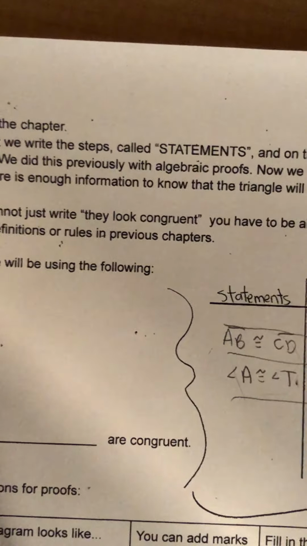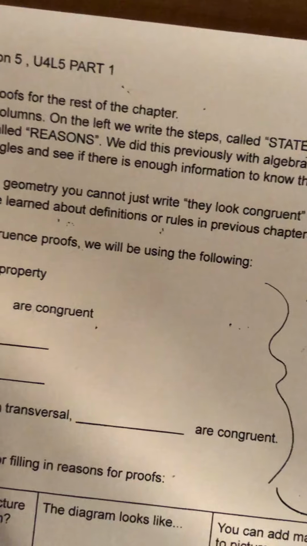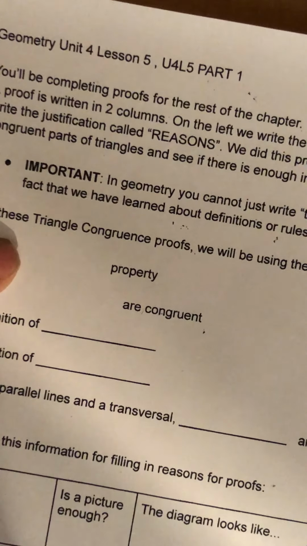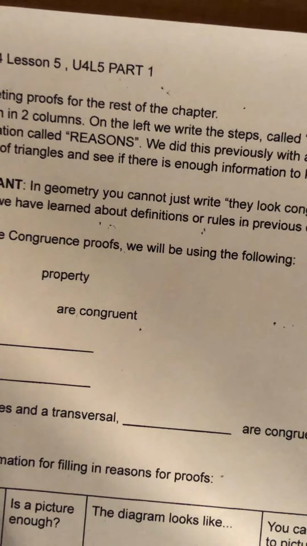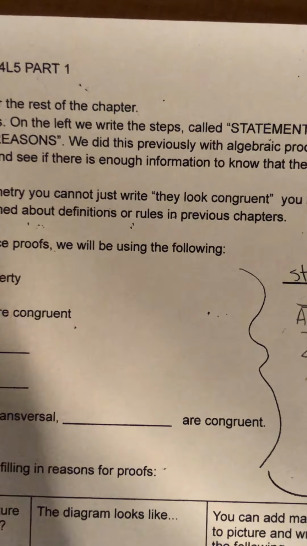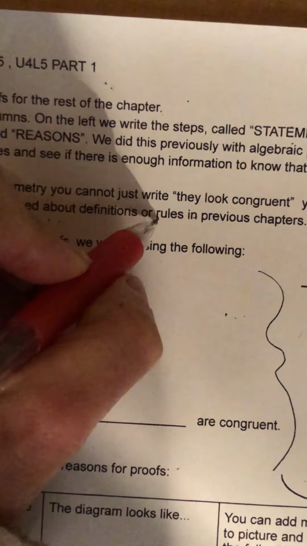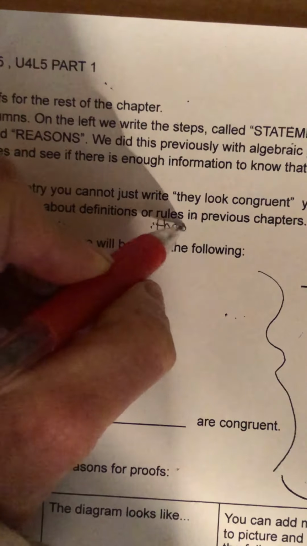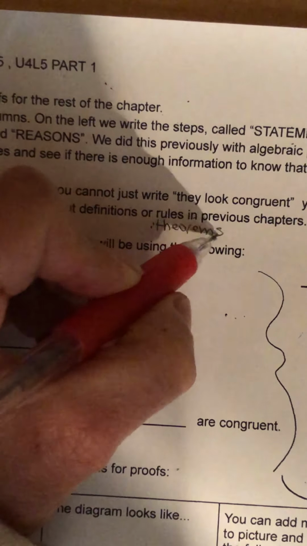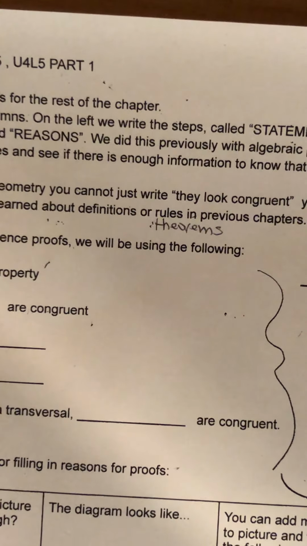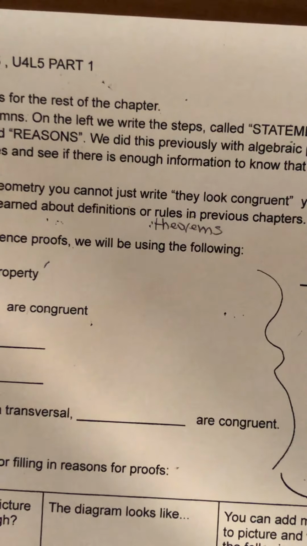You have to be able to give a fact that we have learned about definitions or rules in previous chapters. These things are called theorems. I didn't want to get you caught up on vocab, but those rules are called theorems. We've learned them before.